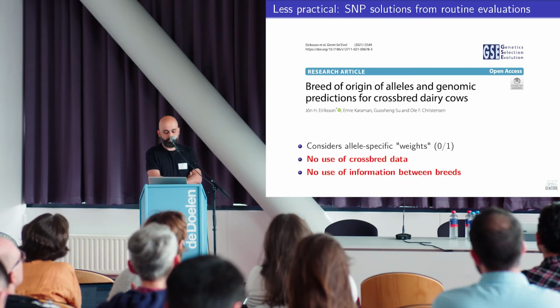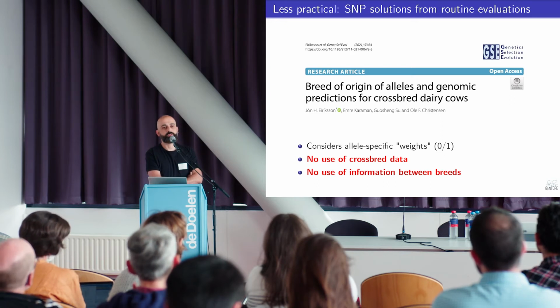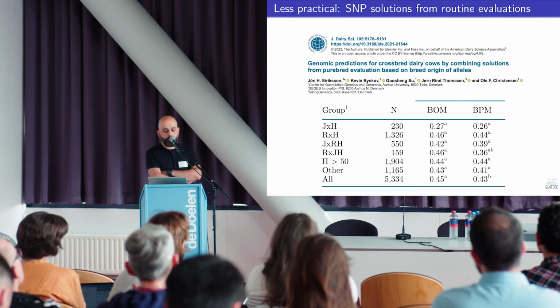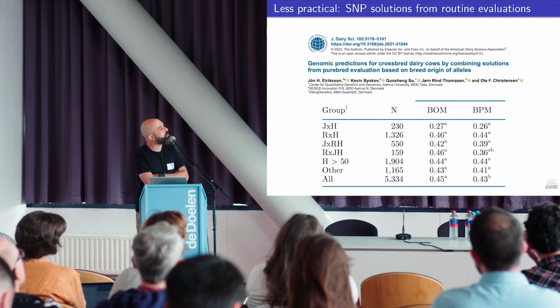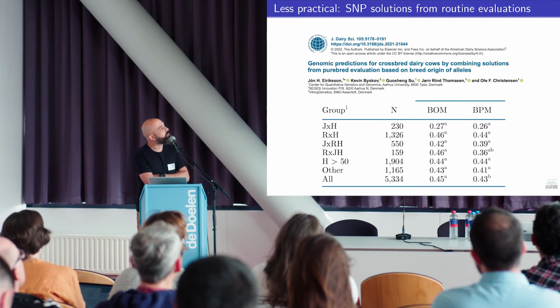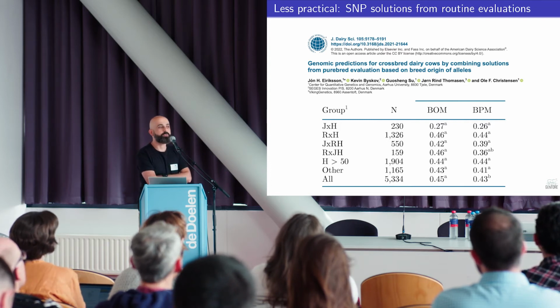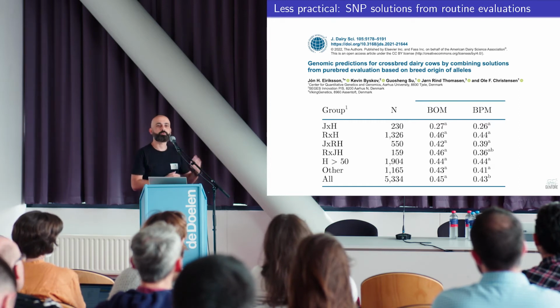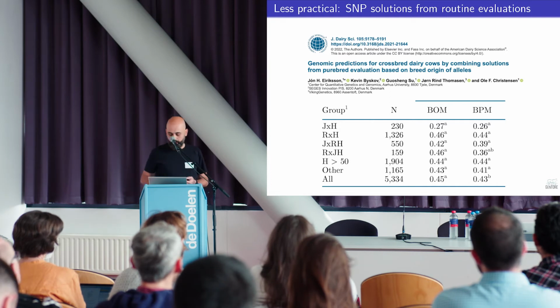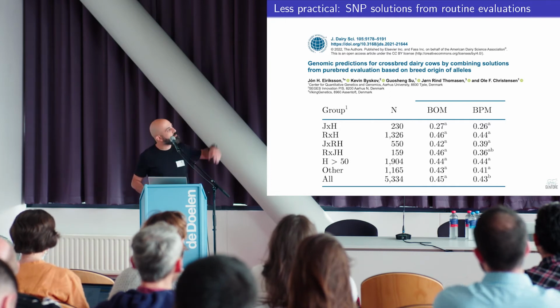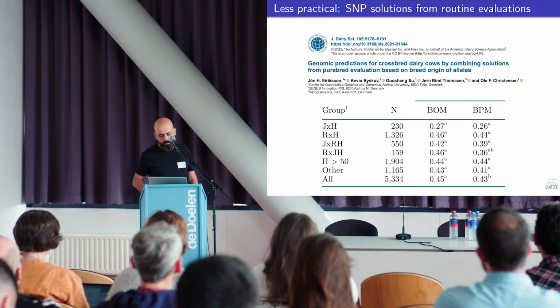And of course, this method also does not use any crossbred data, and you cannot really use information from other breeds to improve the accuracies of your breed-specific SNP effects. He showed that this method can lead to slightly higher accuracies than the one I showed a few slides back with just the overall breed proportion weighting. But of course, the accuracies were only slightly higher.